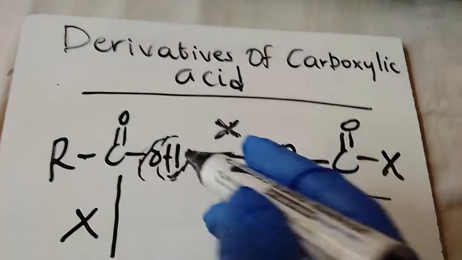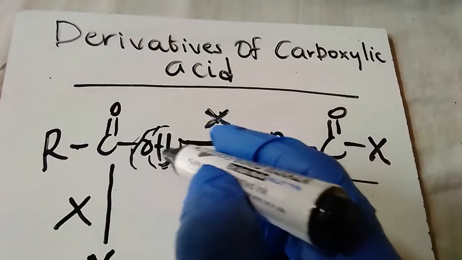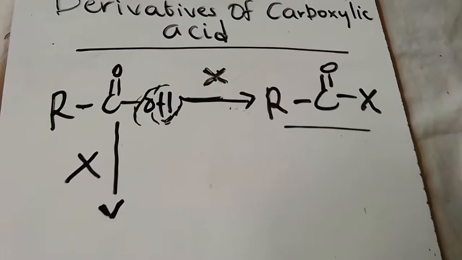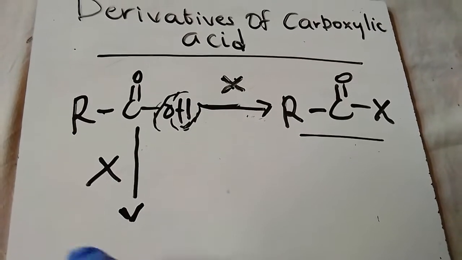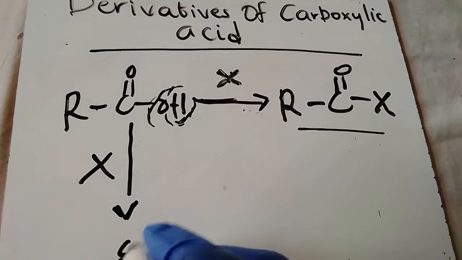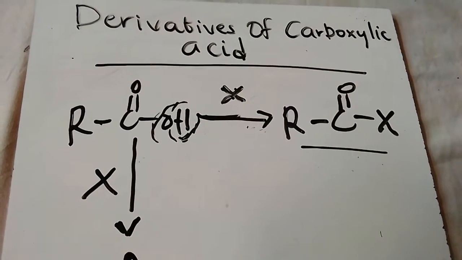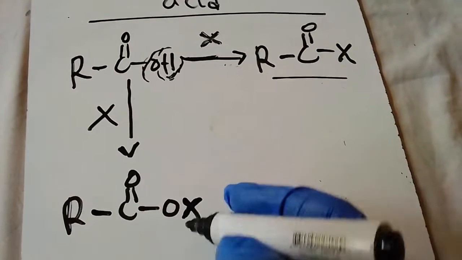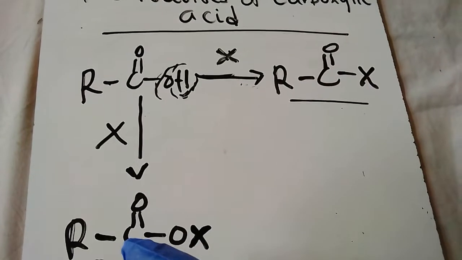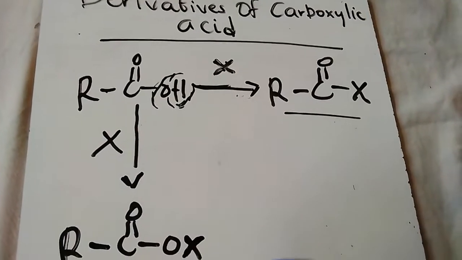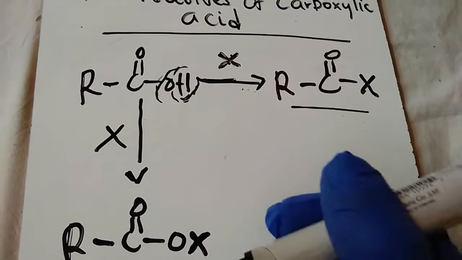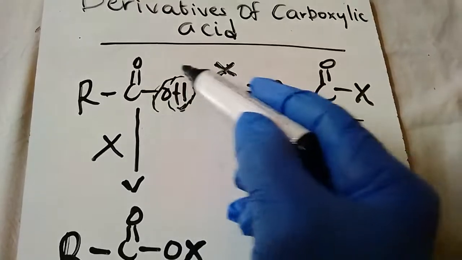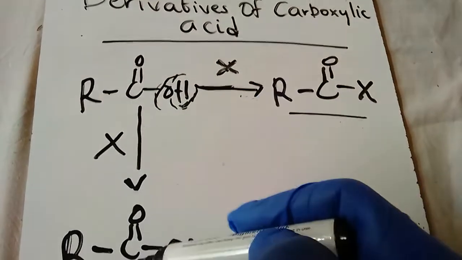Or when the H alone, the hydrogen, is replaced by, let's say, this atom X to produce this compound, this becomes a derivative of carboxylic acid. So basically, most derivatives of carboxylic acids are formed by either replacing the hydroxy group by another atom or the hydrogen alone by another atom.